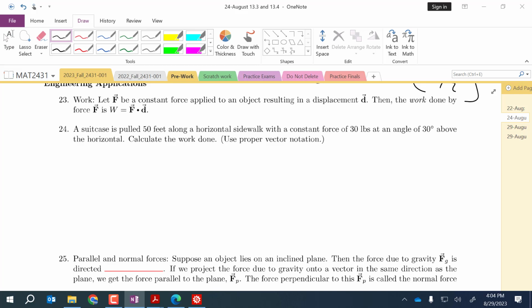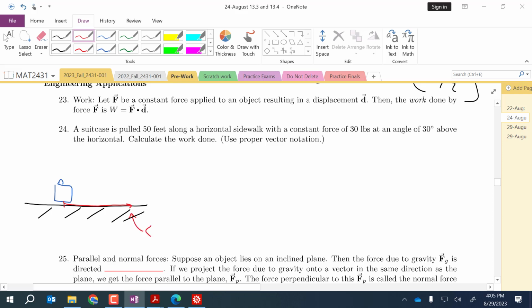So here we've got a suitcase pulled 50 feet along a horizontal, so here's our horizontal sidewalk. Here's our suitcase. And it's going to have a displacement of 50 feet. So we're going to have a displacement vector like this. What's that vector right there?